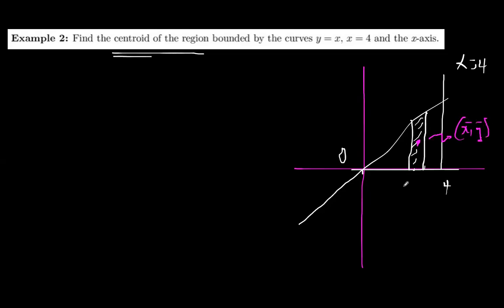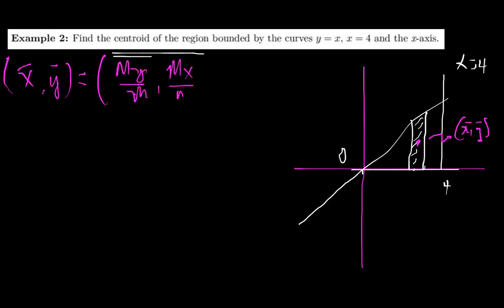We're going to find the centroid with the use of the formula, with M sub y over m and M sub x over m. But then again, we have a shorter formula with the use of the area of the given region. So here we go, this is our dx.